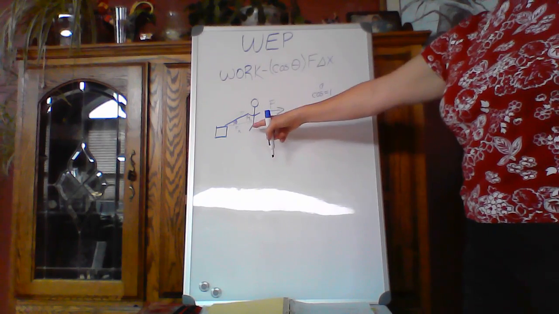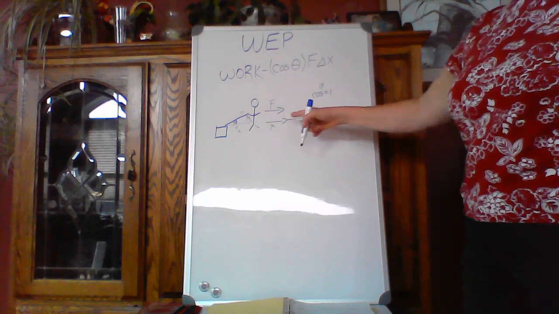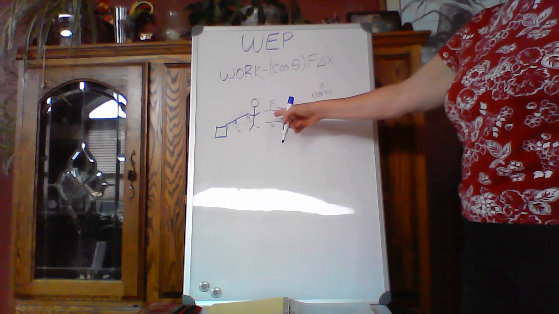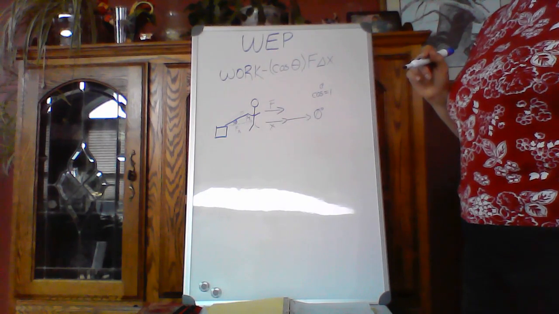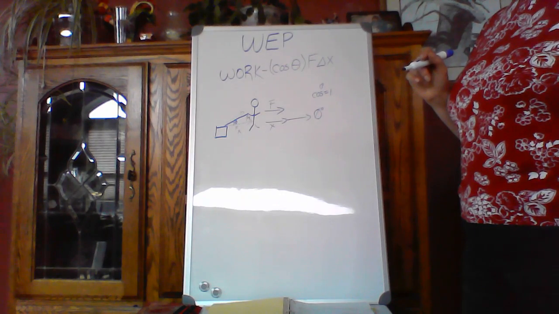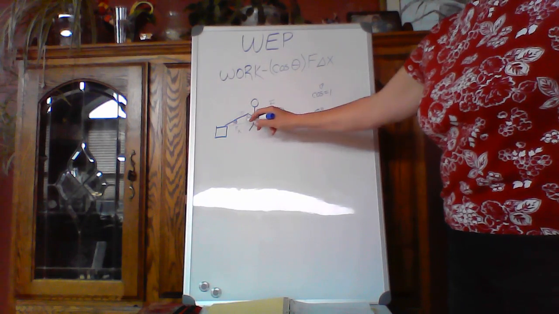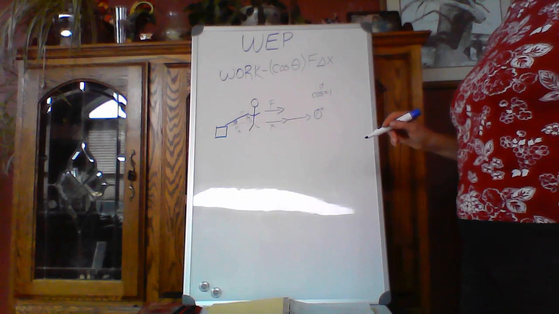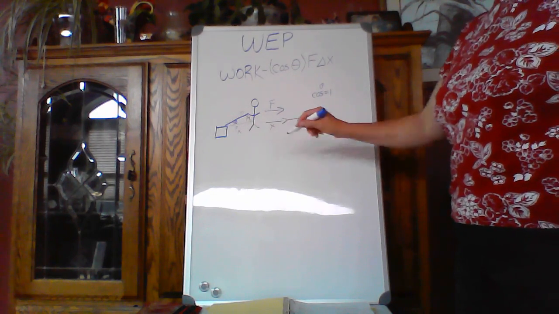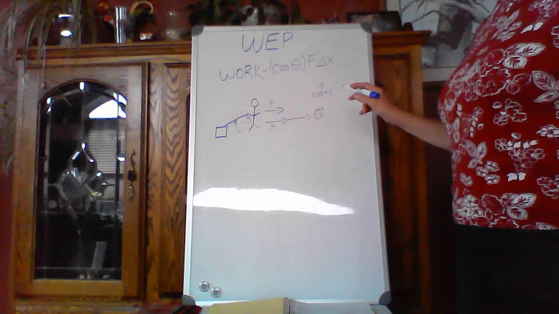So we can see that when the displacement and the force happen in the same direction, it's simply the force applied times the distance. So that's if he was pulling straight on the leash, the force applied was in the same direction as the displacement, then that would work.